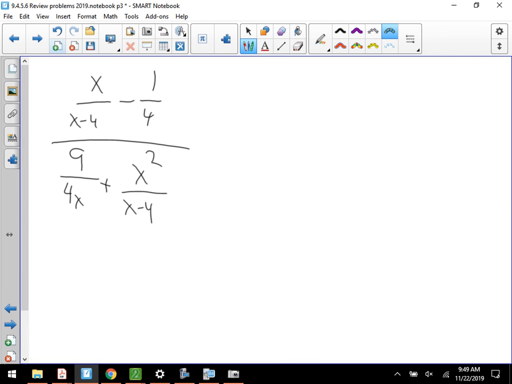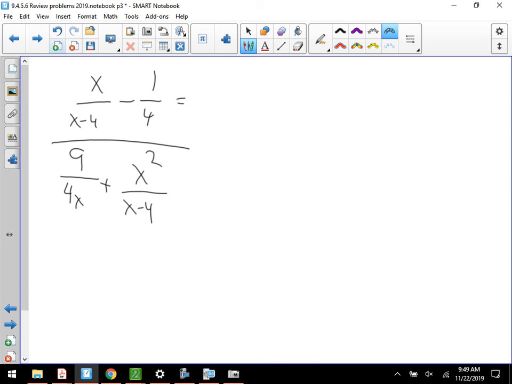Alright, ladies and gentlemen, here we go. Complex fraction. Again, there's nothing in common in the top denominator, and there's nothing in common in the bottom denominator. So we have to multiply those two together separately.